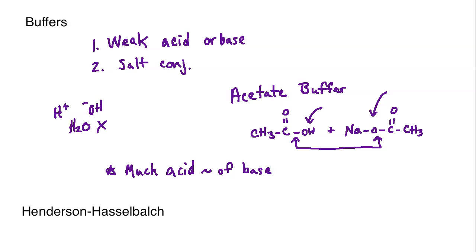Now, the reason that you want to use a lot of acid is because if you're trying to buffer, let's say that you've got this system over here and then some hydroxide is dropped into this system. When the hydroxide hits this system, it is going to deprotonate, okay, the acidic hydrogen that is found here.